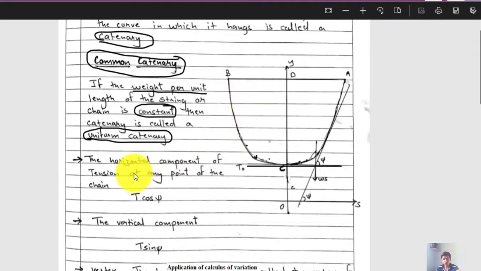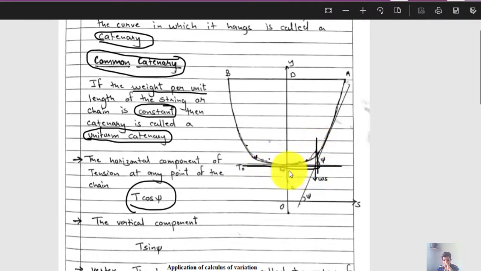What are the things to be noted down in the terminology? The horizontal component of the tension at any point of the chain is always given by T cos psi, along this horizontal line.